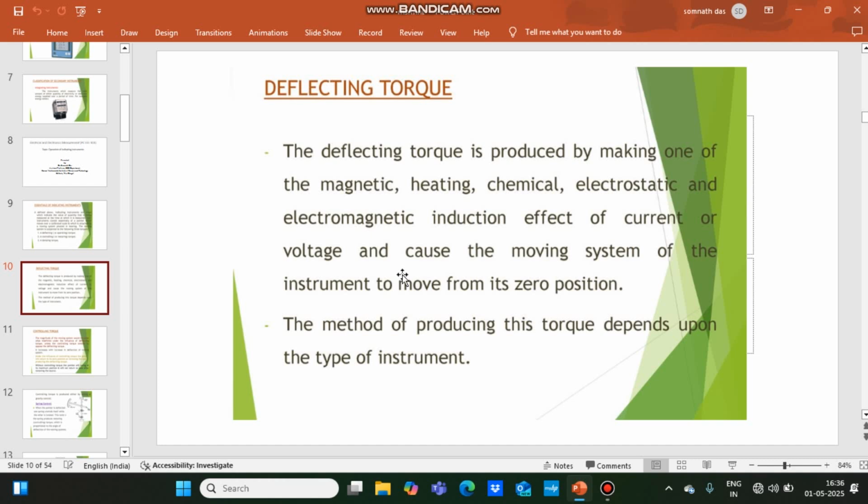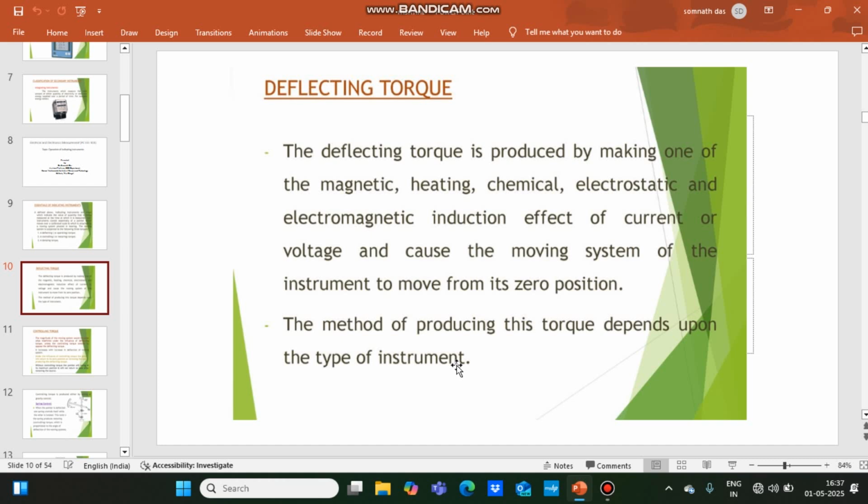There may be some magnetic effect, heating effect, chemical effect, or electrostatic effect, or electromagnetic induction effect, which actually produce the deflecting torque. And this deflecting torque is the driving force to move or rotate the moving part or the pointer over the scale.